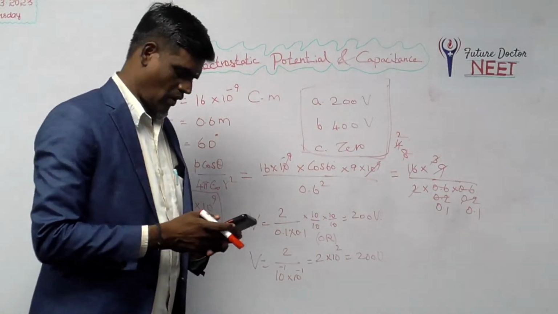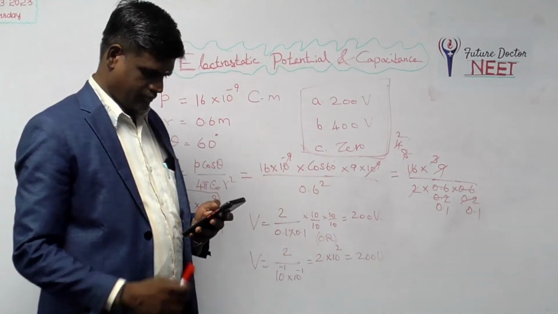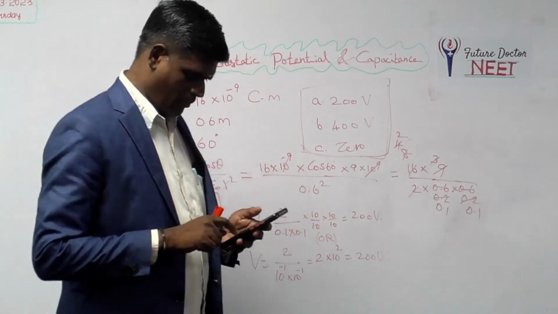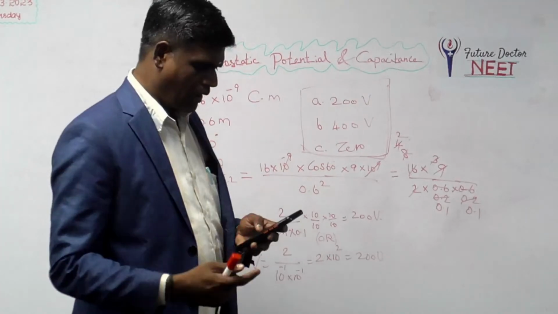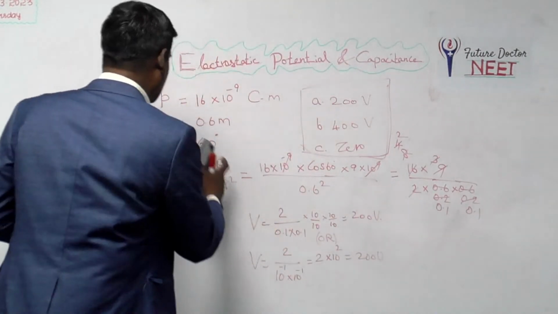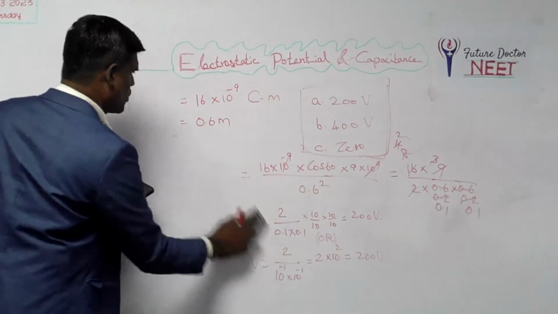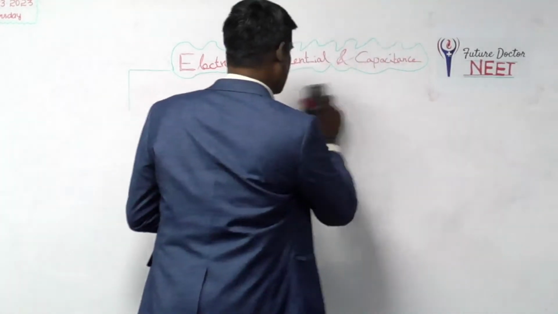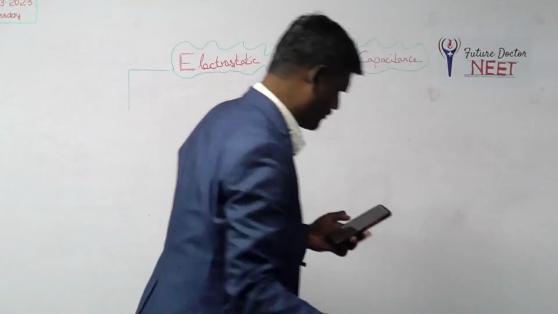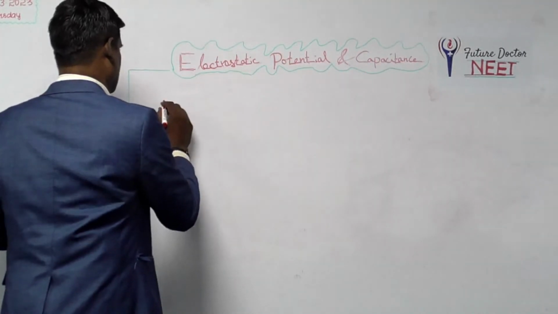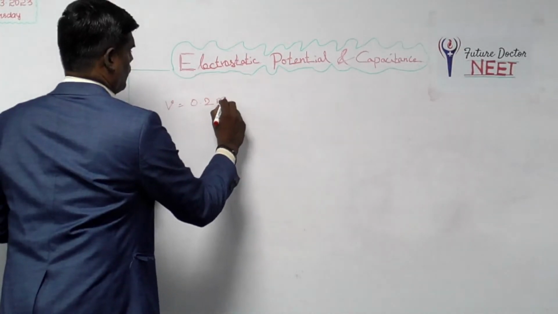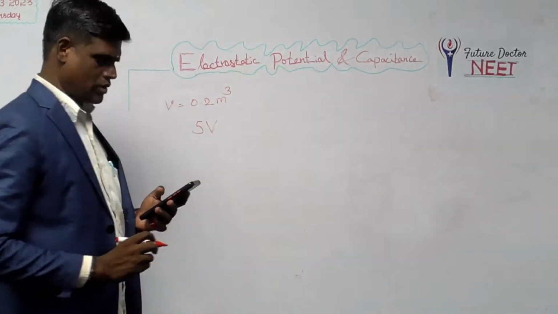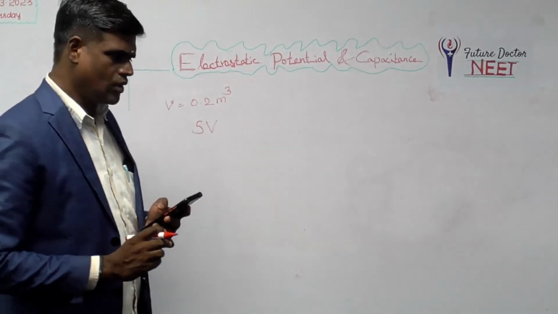Can you do the next problem? Okay. In a certain region of space, with volume 0.2 meter cube, the electric potential is found to be 5 volts throughout.